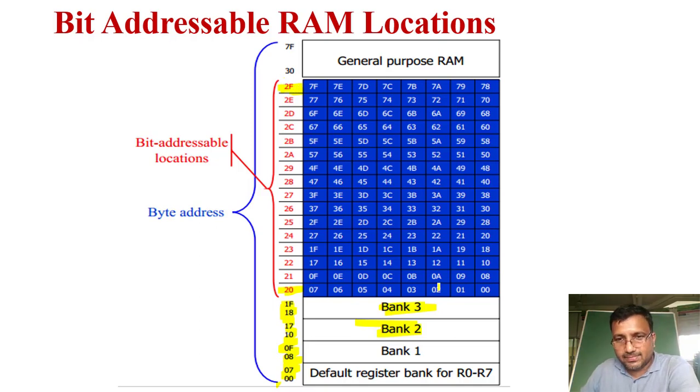This area is given specific bit numbers: 07, 06, 05, 04, 03. We can use these numbers for addressing each particular bit. Then 30 to 7F is general purpose RAM, which we can use as scratchpad RAM as well. Above 7F are the SFRs, so from 80 you can look at the SFRs.